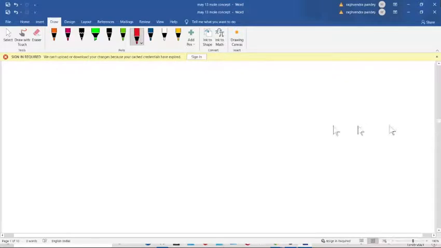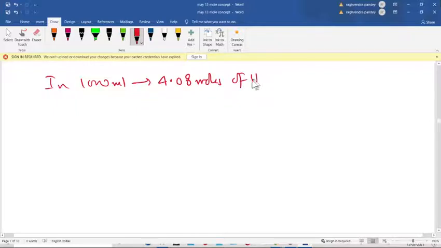So I can write like this: in 1000 ml, 4.08 moles of H2SO4 are there. So molarity obviously is 4.08 molar.